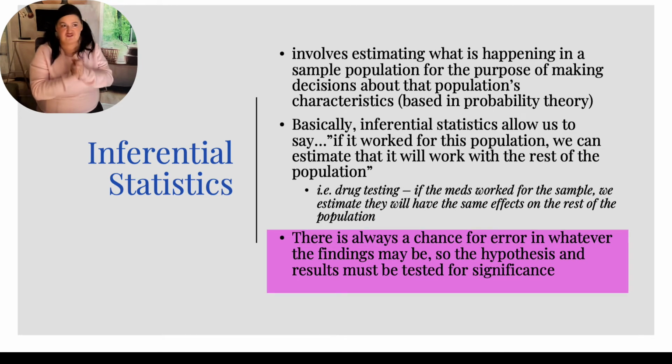We can't just assume that because this guy did everything you're supposed to do in the research, that yep, it's true, we believe him, he must be telling the truth. He's a scientist. No. We have to use statistics to test it, to make sure that it actually happened, that it's actually true, meaning that it is significant.